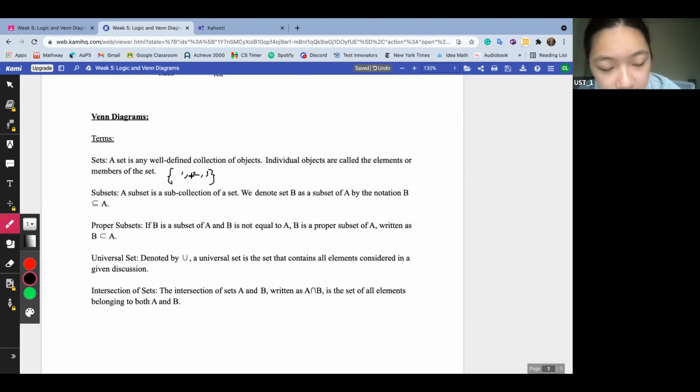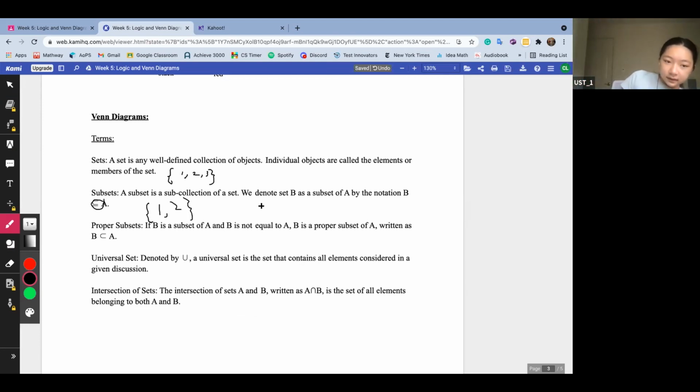Next, subsets. A subset is a subcollection of a set, and we use this notation to describe it. For example, a subset of {1, 2, 3} could be {1, 2}.